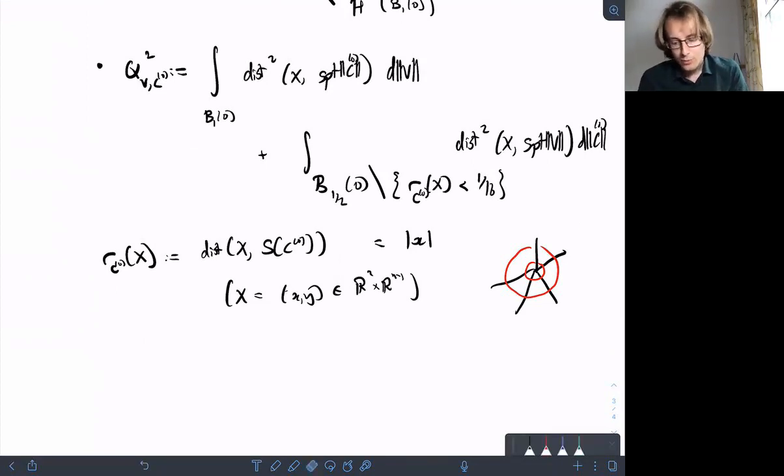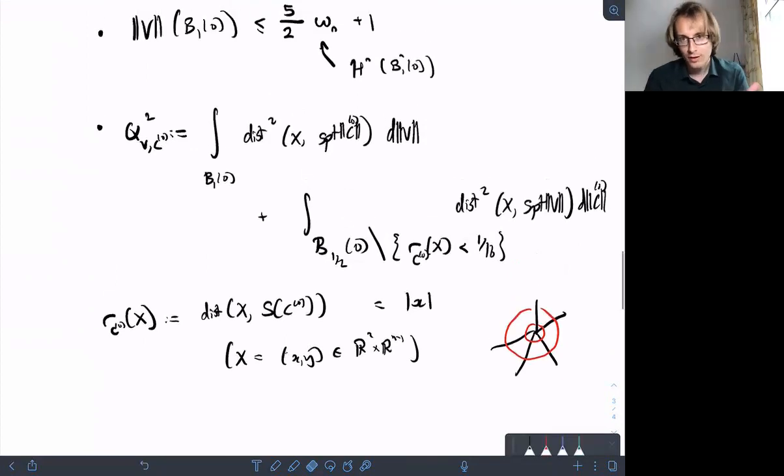So the reason we have to work with a two-sided excess with these two terms is that in theory it's possible for V to be close to C, but C to not be close to V. And that's what we had before with these decomposable cone examples. If you have something which is a sum of a triple junction and a plane, you could have V very close to the plane without being close to the triple junction part itself, if V was just a multiplicity one plane.